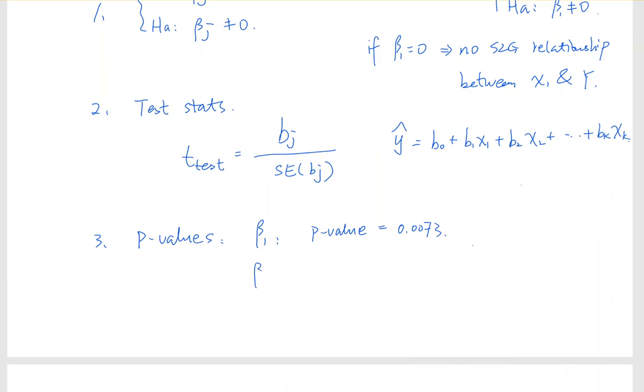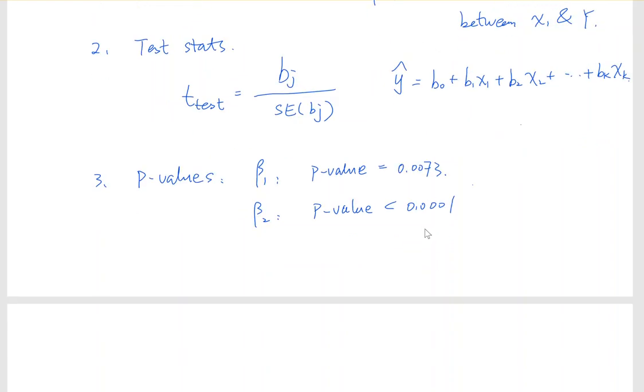And if you are testing beta 2, your p-value is very small, less than 0.001. So for both of these cases, you will need to reject the null hypothesis because your p-value is less than any possible alpha, right?